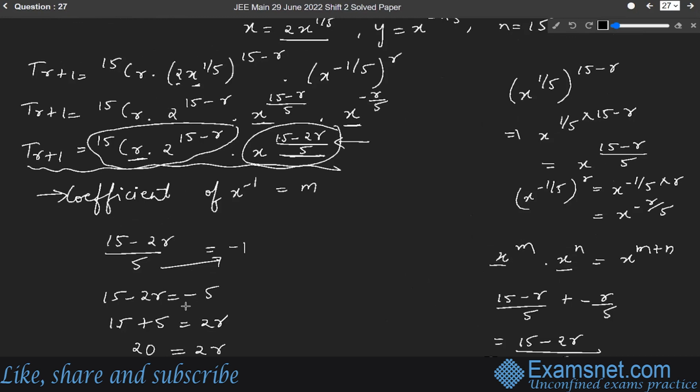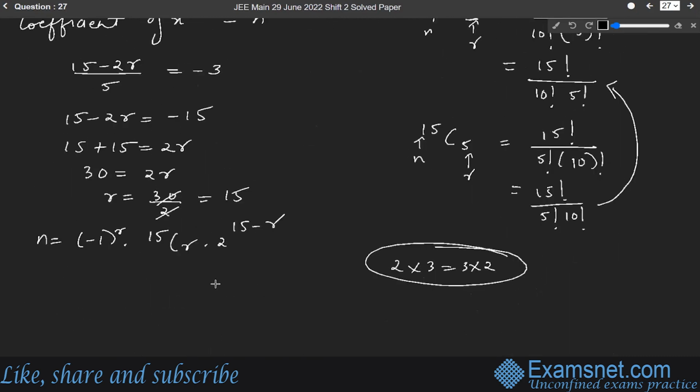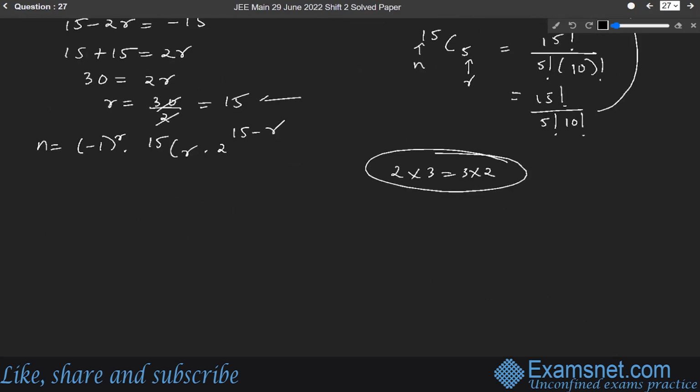As I told you, if we have the negative sign in the expansion, we have to multiply the term with minus 1 power r. Now we just substitute the value of r here. For the coefficient of x power minus 3 equal to n, r is equal to 15. So n is equal to minus 1 power 15 multiplied by 15c15 multiplied by 2 power 15 minus 15.